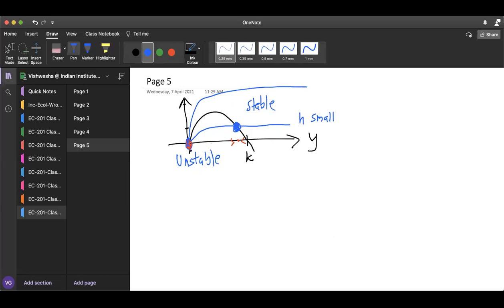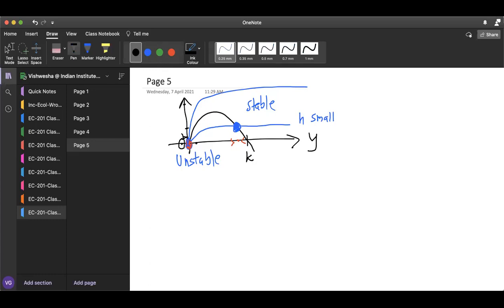Is it a stable or unstable equilibrium now? I have only one point, so it's going to be difficult to write in two ways. Please excuse me, I'm going to write another 0 here to represent the same equilibrium. But this is still 0. So we have only one equilibrium. Is it stable or unstable?